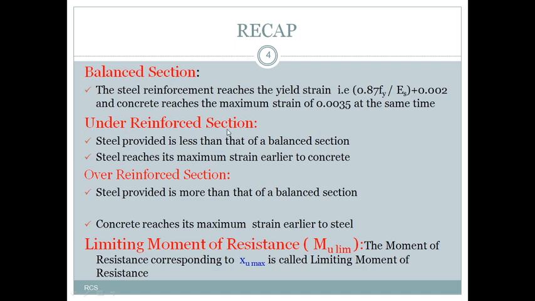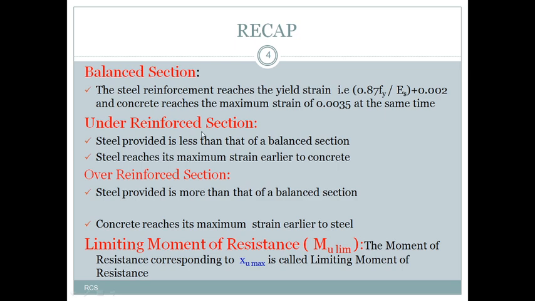Similarly, in an under reinforced section, first steel will reach its maximum strain before concrete. So what will happen if steel reaches its maximum strain earlier than the concrete? Steel will fail first. That means, as steel is a ductile material, when it fails first, it will give sufficient warning before failure.